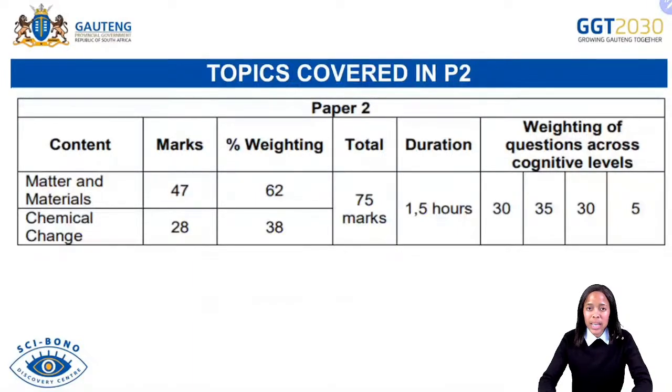The topics to be covered in paper 2 will be under the content of matter and materials, which has a total of 47 marks and a percentage weighting of 62. The one that we'll be discussing is your chemical change, which has a total of 28 marks and a percentage weighting of 38.